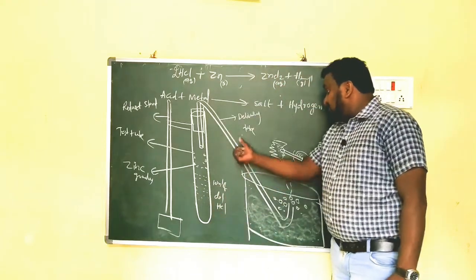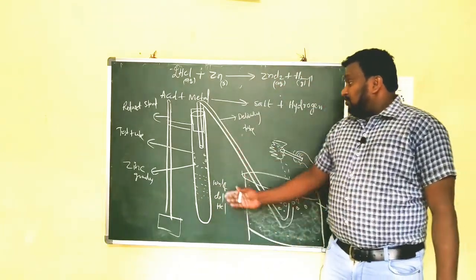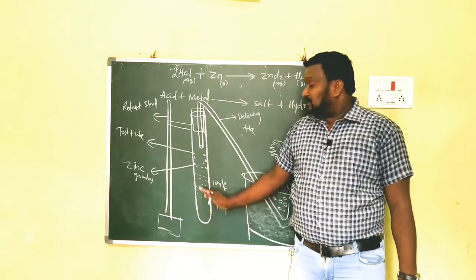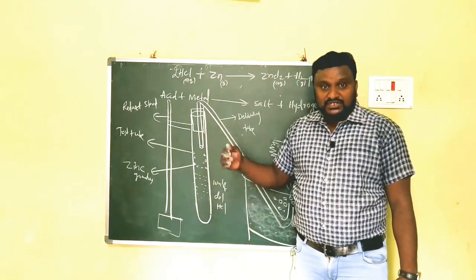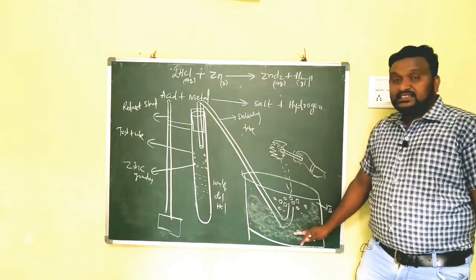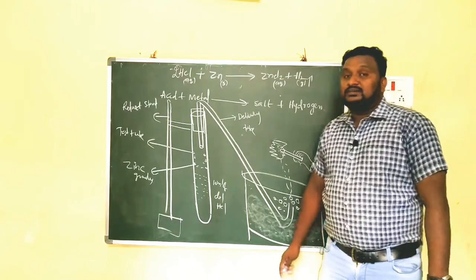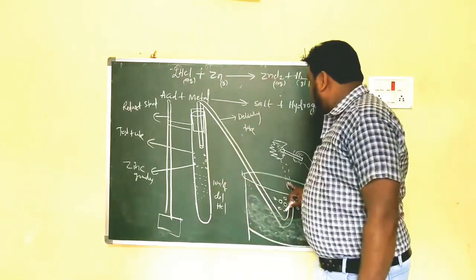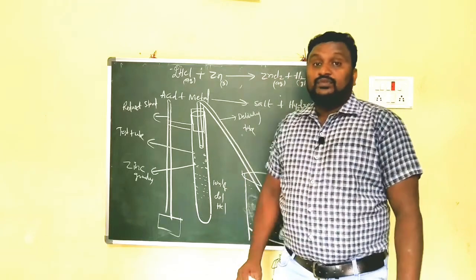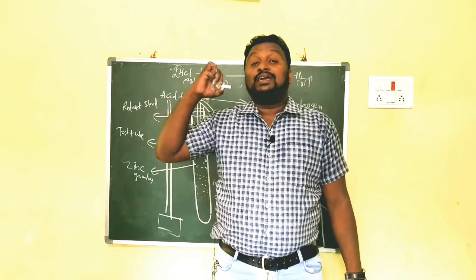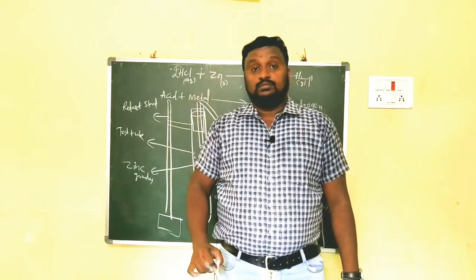So after some time we took some dilute HCl in a test tube, added some zinc granules and closed it immediately, with the delivery tube already attached like this. Then what did you observe? After some time we place a matchstick just above the delivery tube, and it is put off with a pop sound.